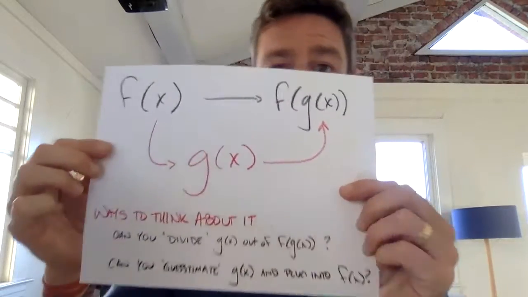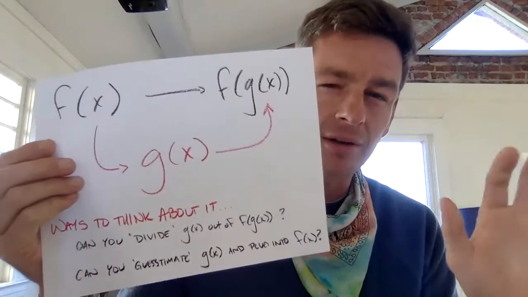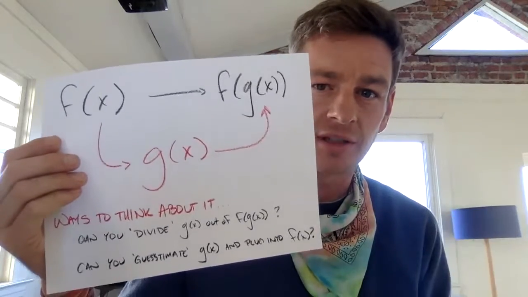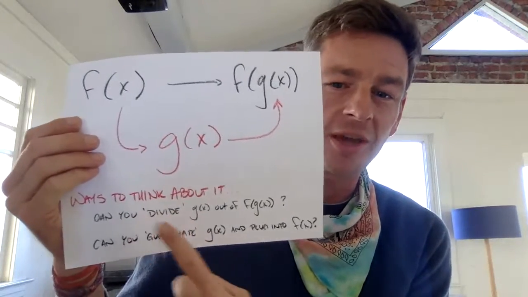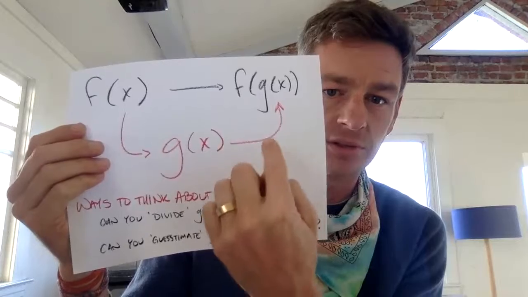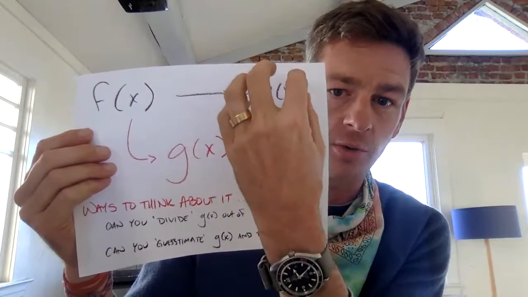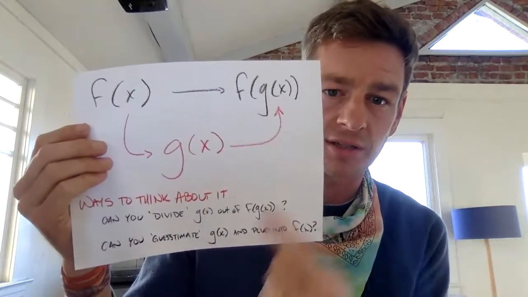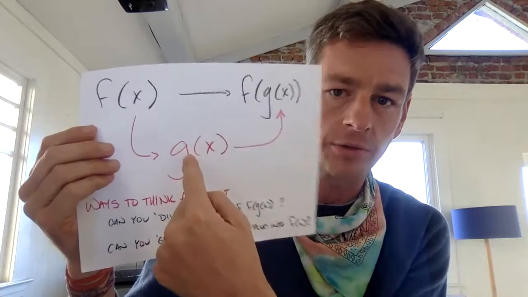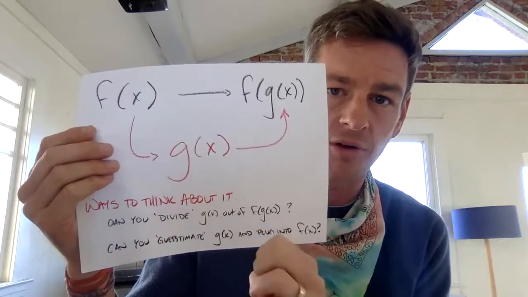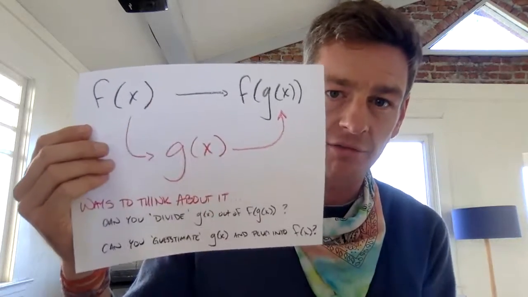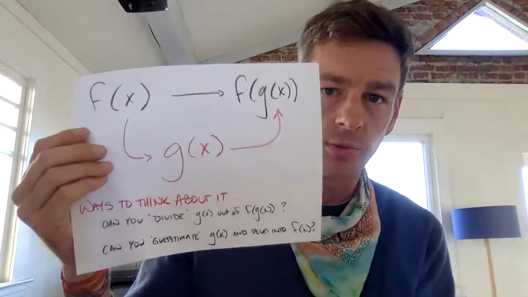So two ways to think about it. If you think about composites as kind of like multiplying things together in a specific order, you can think about dividing out g of x. So look at this side of the equation, what you know of f of g of x, and think about how you'd pull out a function to get back to f of x. So that's working backwards, if you will.